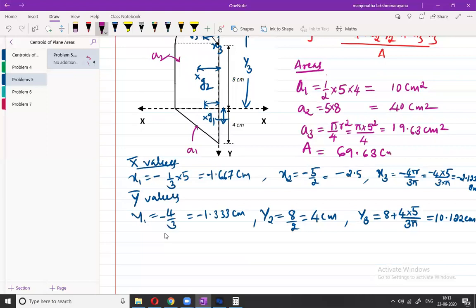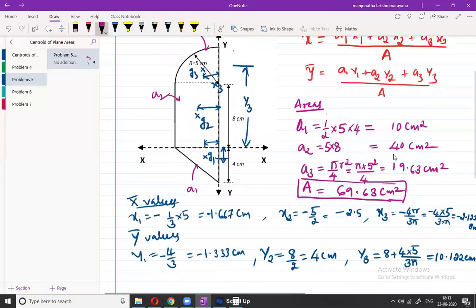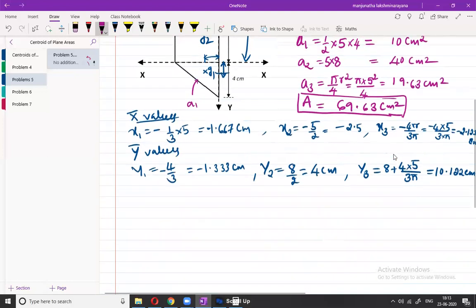69.63 centimeter square is the total area. Now let us substitute these values in the above equations to get x bar and y bar. Let us calculate the x bar value first.